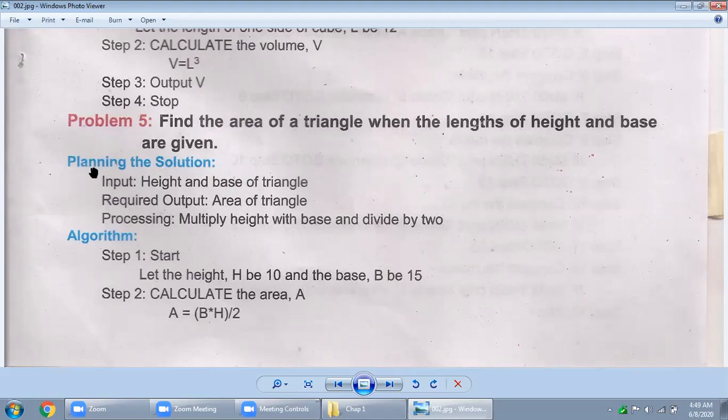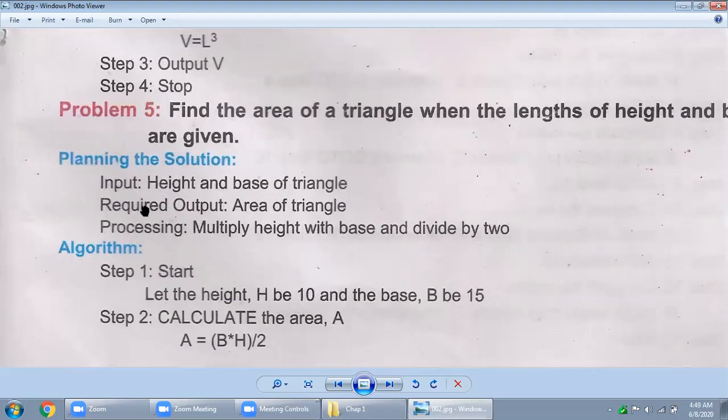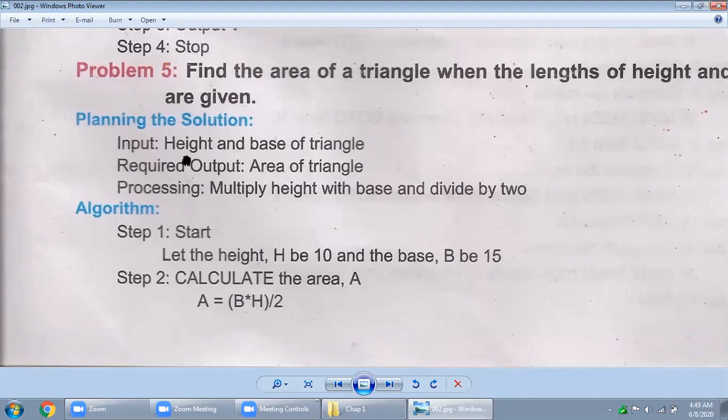The first step is planning the solution, before we start the algorithm. In the planning, the input is the height and base of the triangle. If we know the height and the base of the triangle, we can easily find the area of the triangle. Next, the required output. What is the required output?